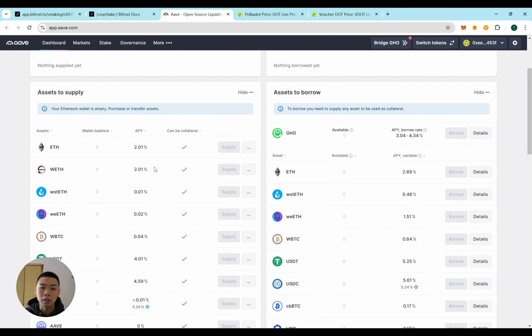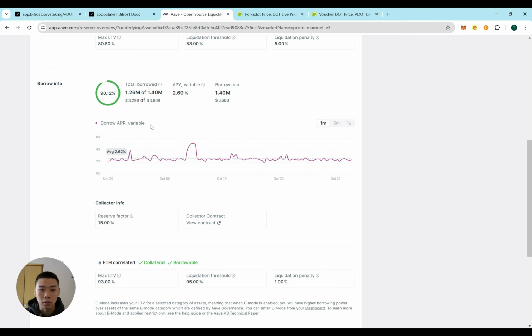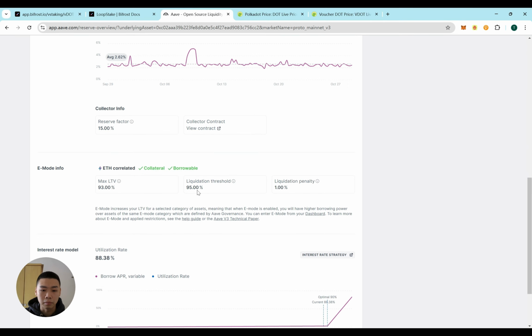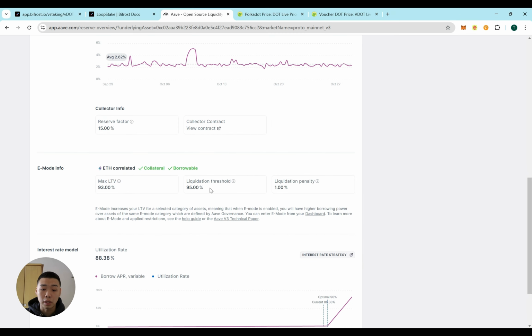It's not changing. So it means the LTV of our position keeps growing, and let's say they have a 95% liquidation threshold, right? If the LTV goes over 95%, our position will be liquidated.